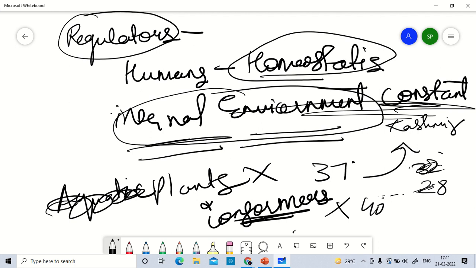Considering the benefit of a constant internal environment to the organism, we must ask why these conformers have not evolved to become regulators. We know that if we keep our internal environment constant, there are so many advantages to that. If you can keep your internal environment constant, that means we can go to different parts of the world, we can discover more. But if we are conformers, then we will be restricted to only one part, because if we go to the other part, then we'll die, our body will not be able to take it.